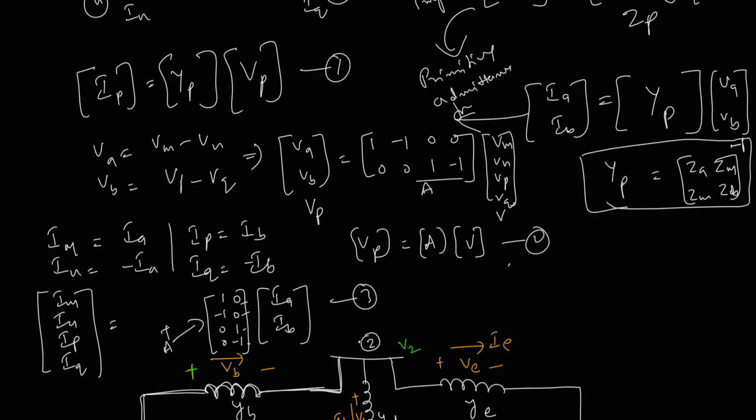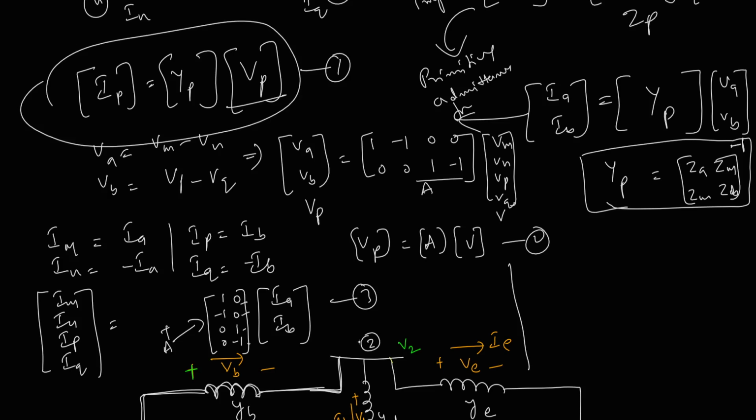Coming back to the primitive representation, put VP is equal to A times V, so IP is equal to Y primitive, VP is A times V. But what is this?